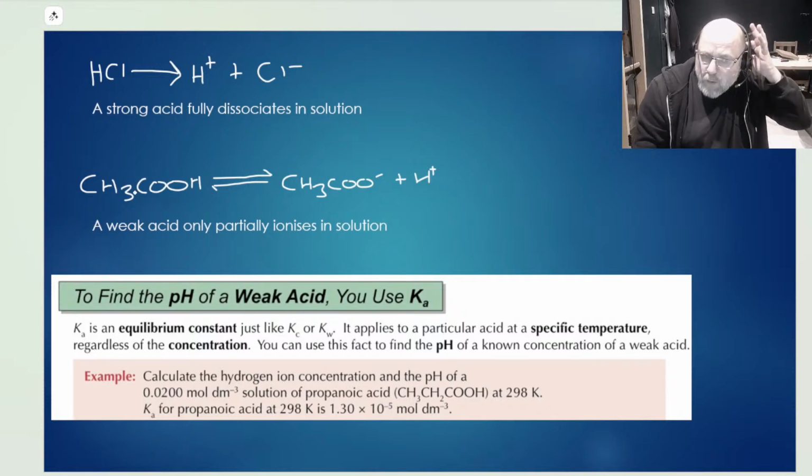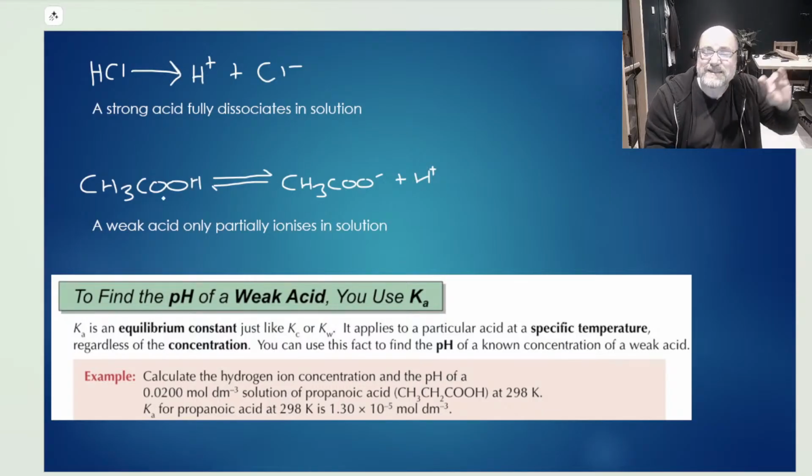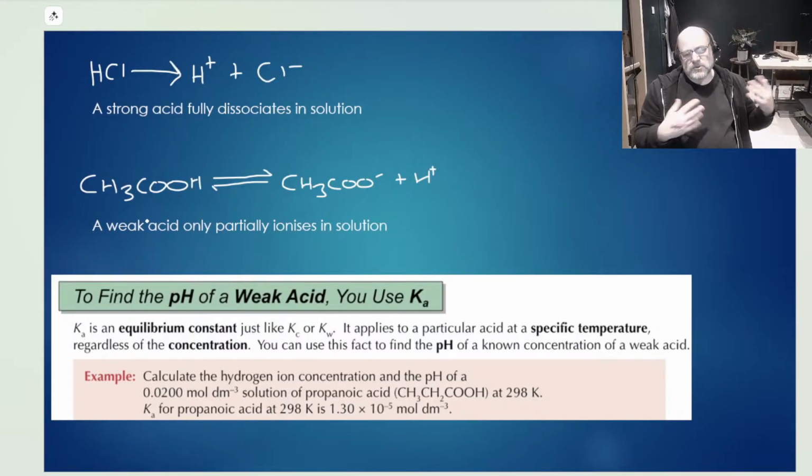So we can't treat it in the same way. We can't say that the hydrogen ion concentration is the same as the concentration of the weak acid, which is up here.